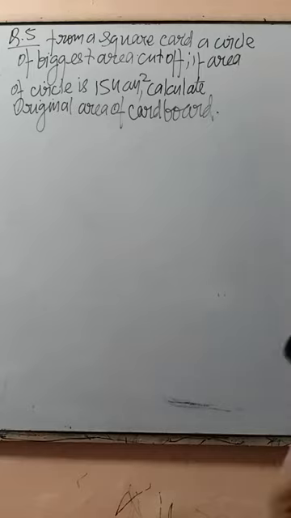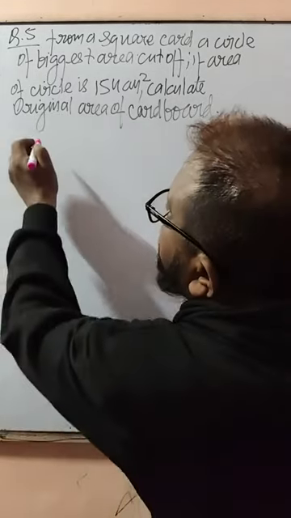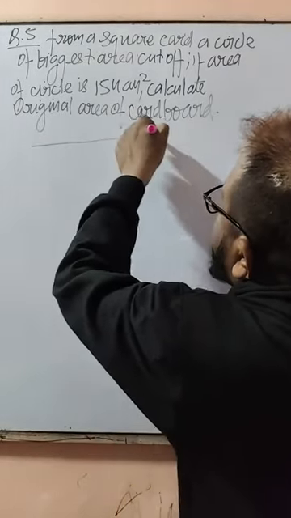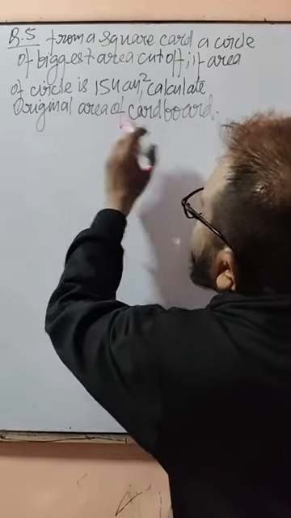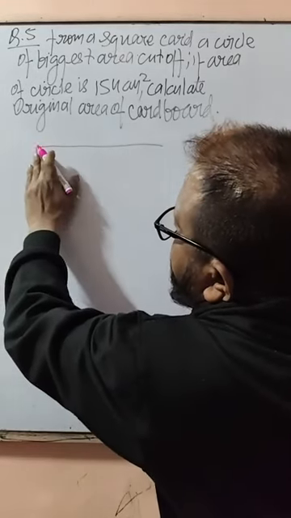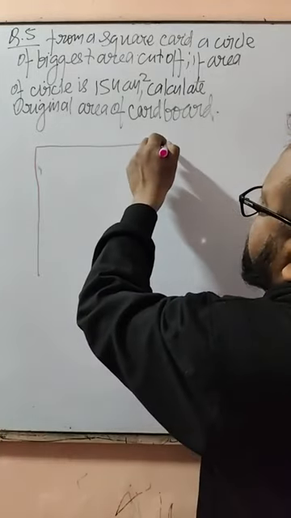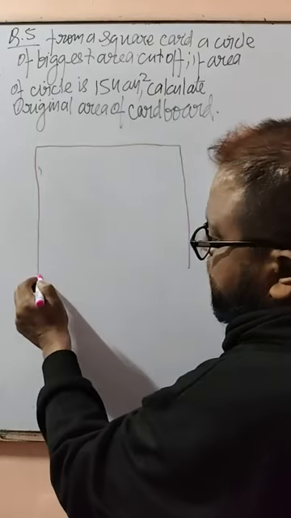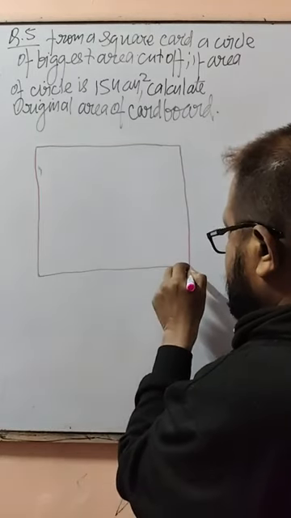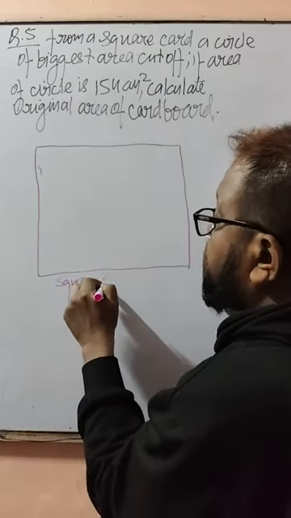Fine. Suppose we have a cardboard like this. Square, no? Square cardboard.